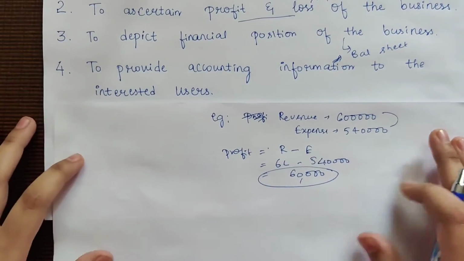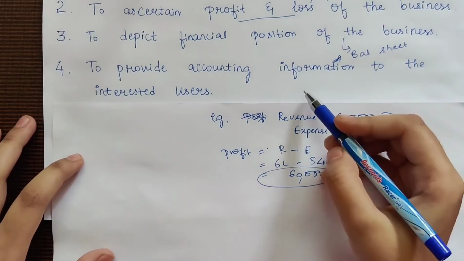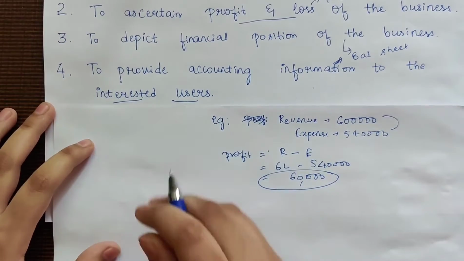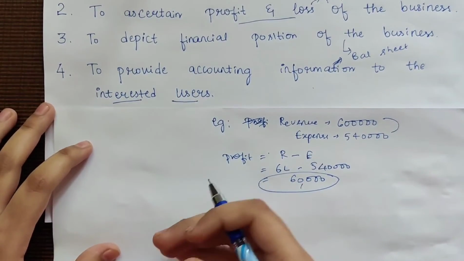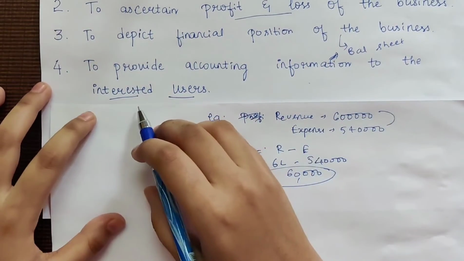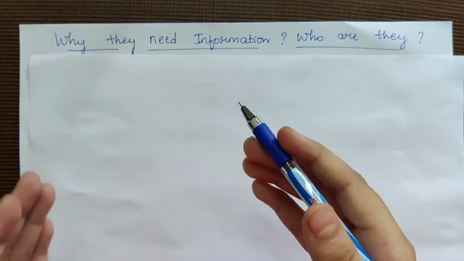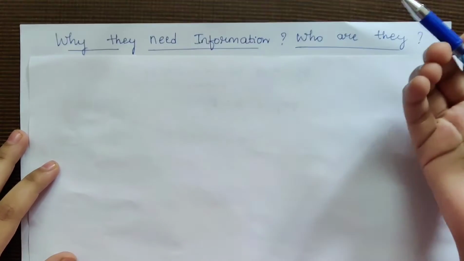Next is to provide accounting information to the interested users. In the previous video, I have told who the interested users are and what the types of interested users are. If you didn't watch, then please do watch it. Interested users are the ones who need the information of a company, and why they need that.